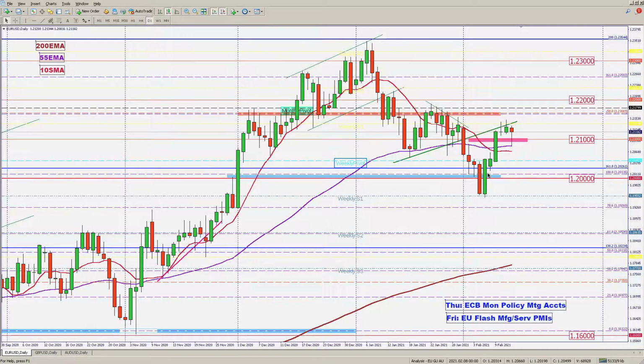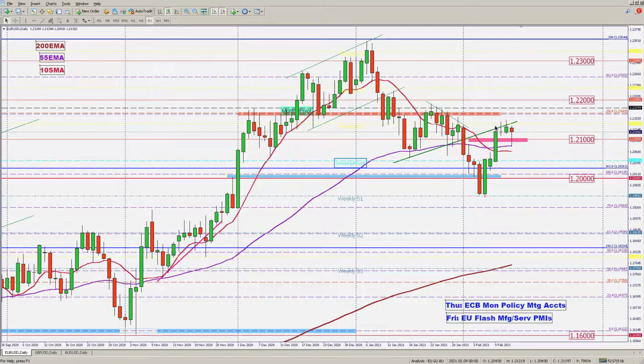The Euro has managed to recover well above the 120 level and then through the 121, before testing the previous lower trend line of the triangle.